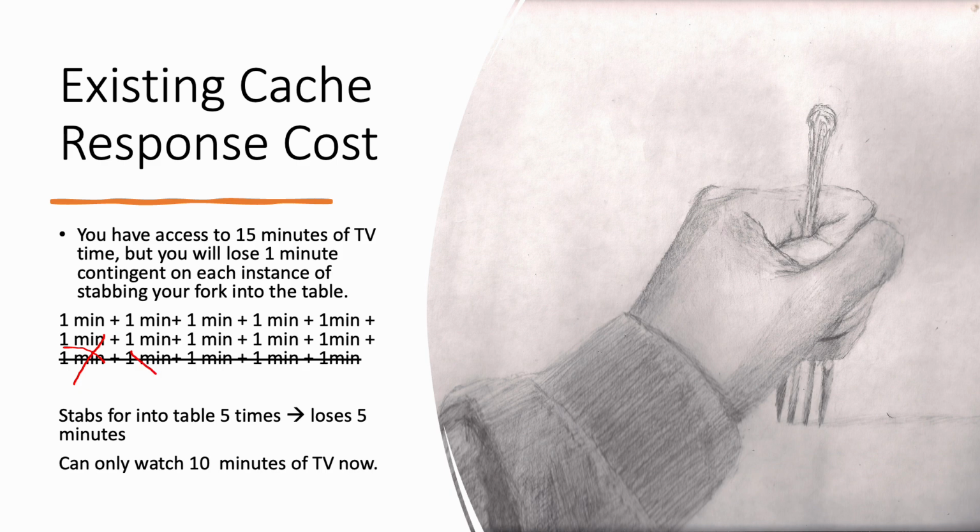He stabs the fork again, I remove another minute, and I'll say you lost 1 minute of TV time, contingent on the problem behavior, and so forth. I'm going to immediately deliver that contingency after each instance occurs. So in total, he would only be able to watch 10 minutes of TV time because he lost 5 minutes.